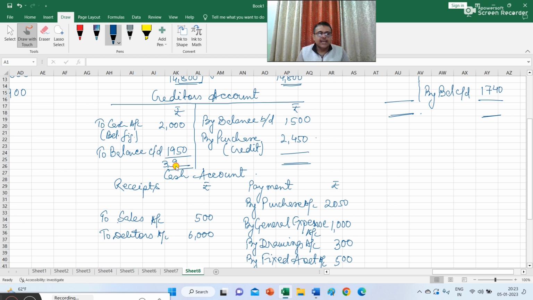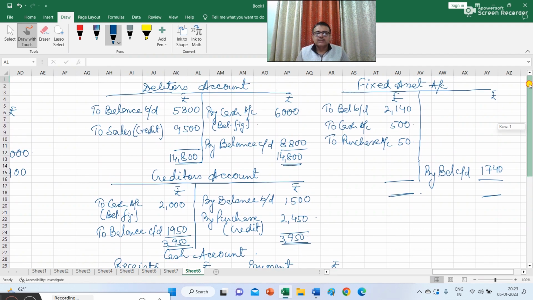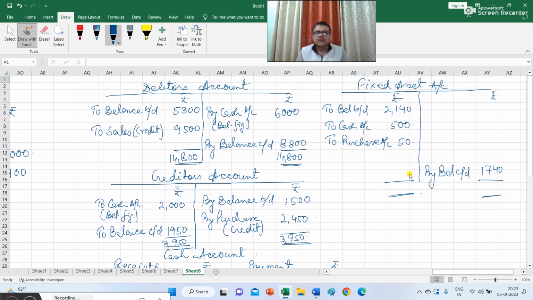So 3,950 is the total of debit and credit side. And in the fixed asset account, the balancing figure represents the amount of depreciation. So I am writing the balancing figure as depreciation 950, and the total of the debit and credit side is 2,690.